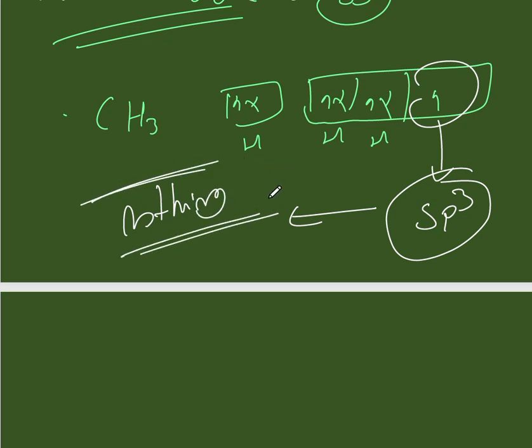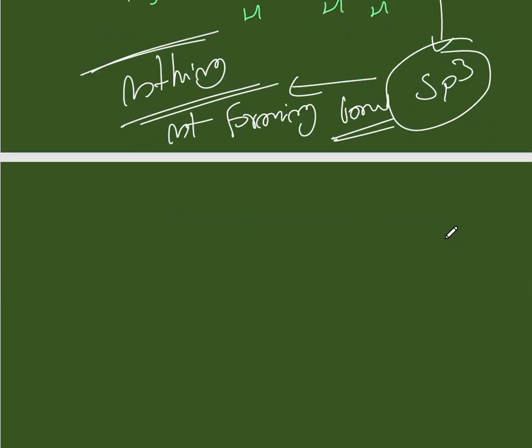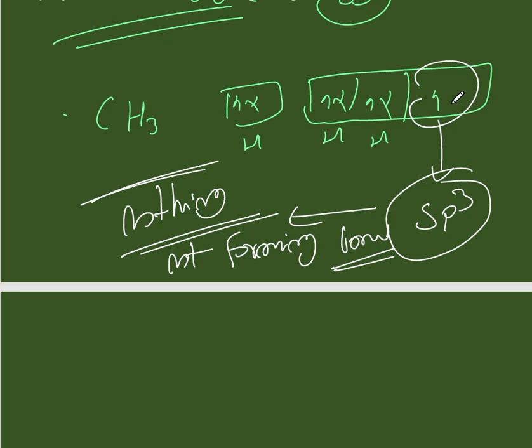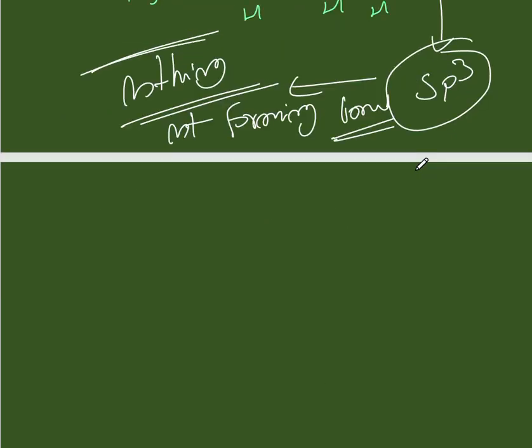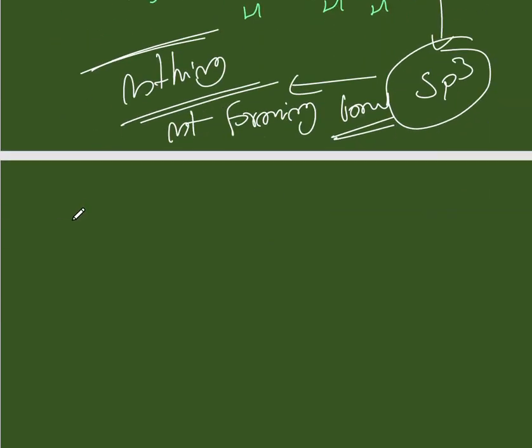But at the end of the story, it is gaining nothing because this electron is not forming bonds. So carbon prefers, okay, since this electron you are of no use to me, I will keep you in a pure p orbital. So carbon prefers to keep the odd electron in a pure p orbital.